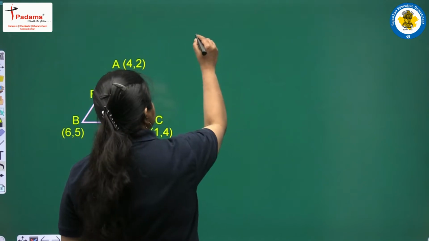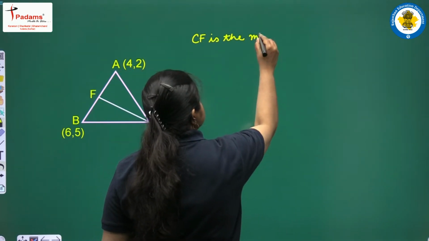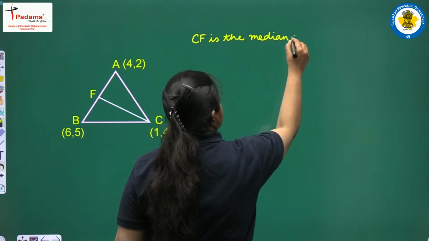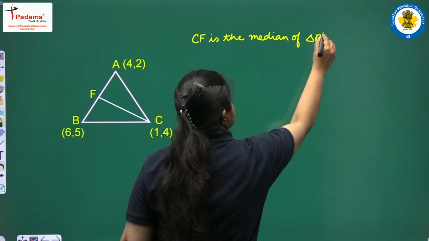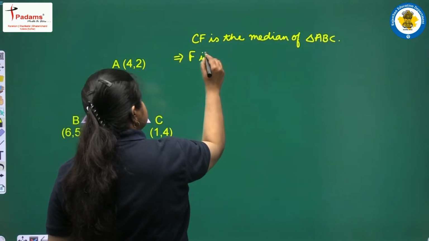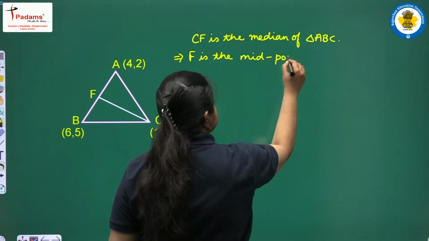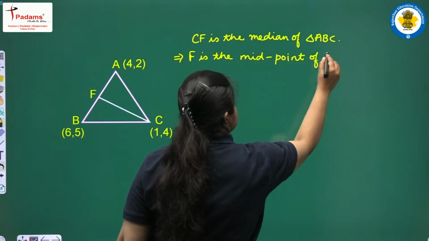वी राइट हियर CF इज द मीडियन of triangle ABC. This implies F is the midpoint of AB.